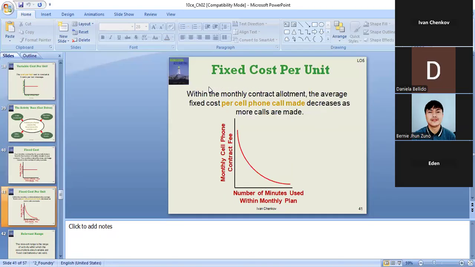Now let's see how it works per usage. Imagine this: you buy that monthly Compass card for public transit and you decide to go on vacation for the entire month. How much will your total cost be? Let's say you spend $150 for the monthly Compass card.